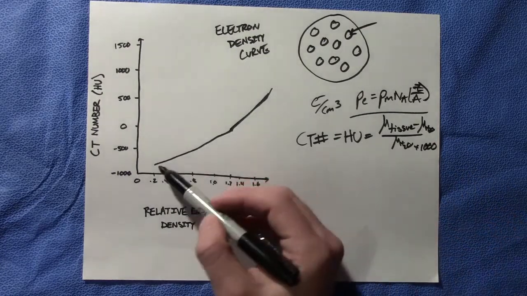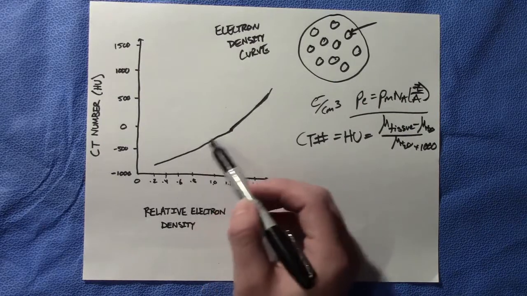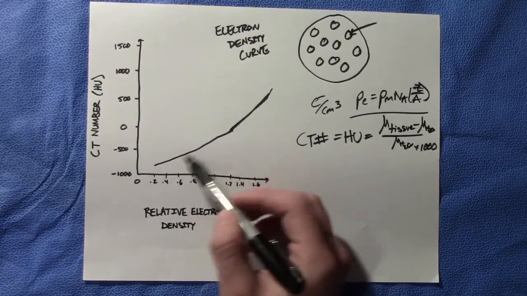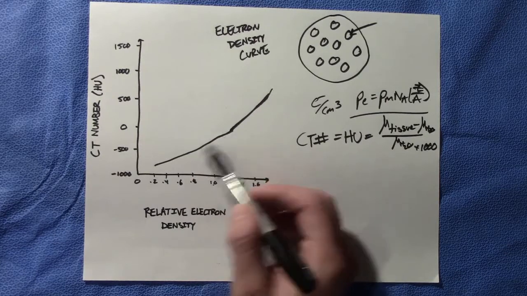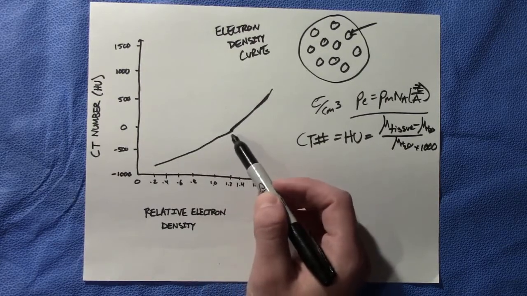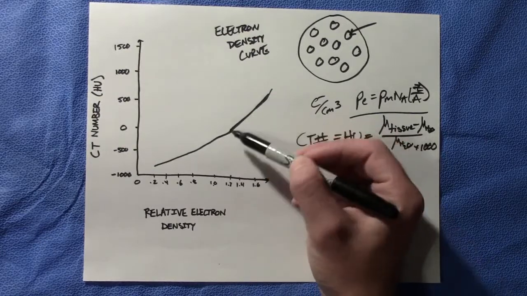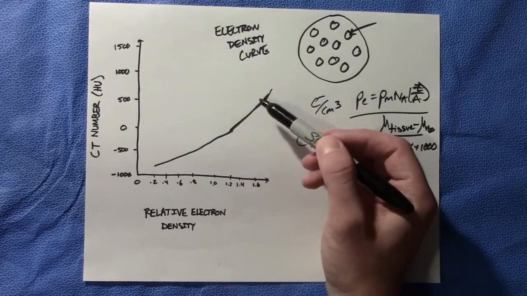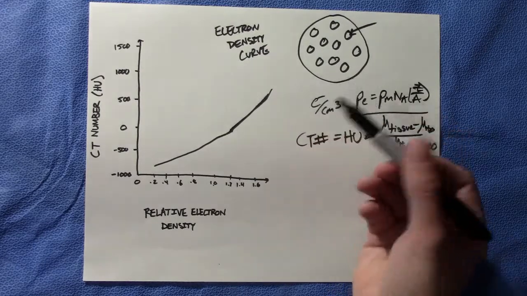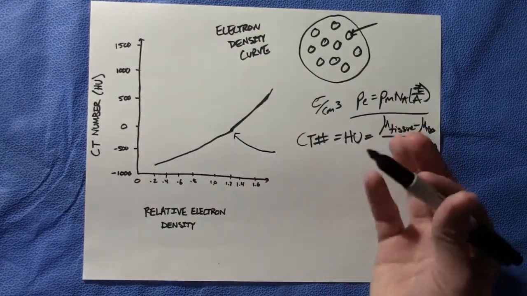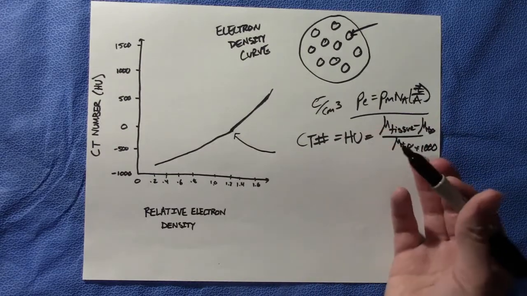The non-linearity, you see that in the beginning, of course this is hand-drawn, you see better in the graphic, it tends to look pretty linear until you hit a certain point, and it dips off. I would consider that a nonlinear portion. This right here is caused by the change in atomic number of tissues.